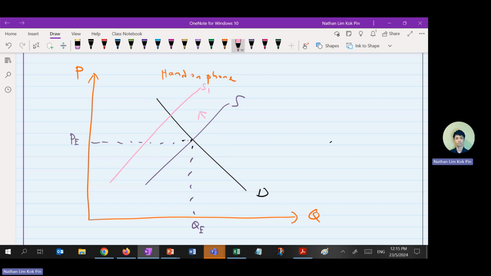Then I draw the dotted line and an arrow. I'm not showing the tax, I'm showing the shift. If I want to show the tax, I would show a double head arrow. This is just the supply shift to the left, and I put PE1 here, and QE will decrease to QE1. So far, okay? Make sense?